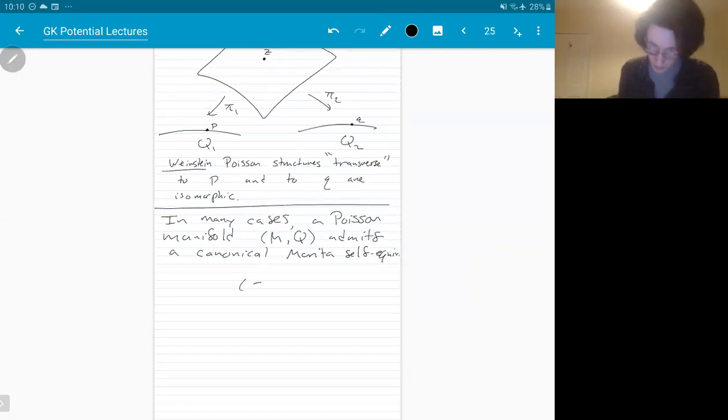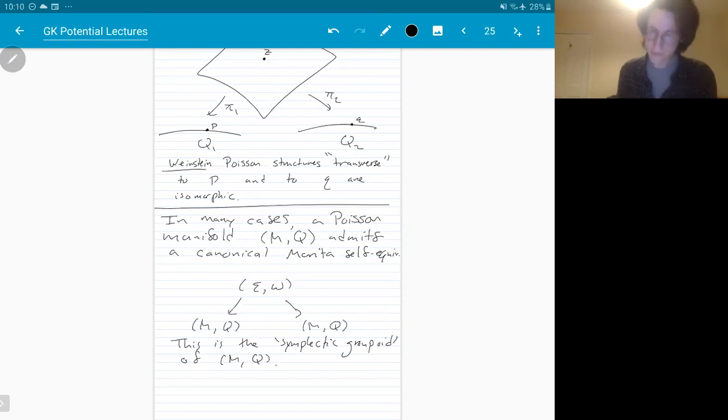So it's something like this, which goes from the Poisson manifold to itself. And this thing is the symplectic groupoid of the Poisson manifold. And in particular, it has the structure of a Lie groupoid.